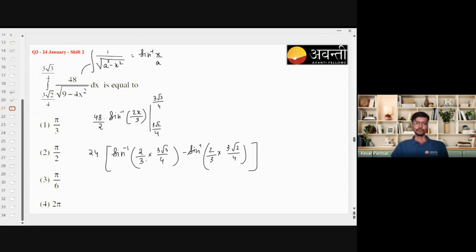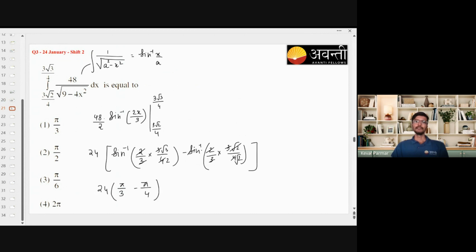So here 3 and 3 will get cancelled. 2 2s are 4. So we get 24 sine inverse of root 3 by 2, which is 60 degrees, minus, here 3 and 3 will get cancelled, 2 and 2 will get cancelled, and we'll get 1 by root 2. So sine inverse of 1 by root 2 is pi by 4.